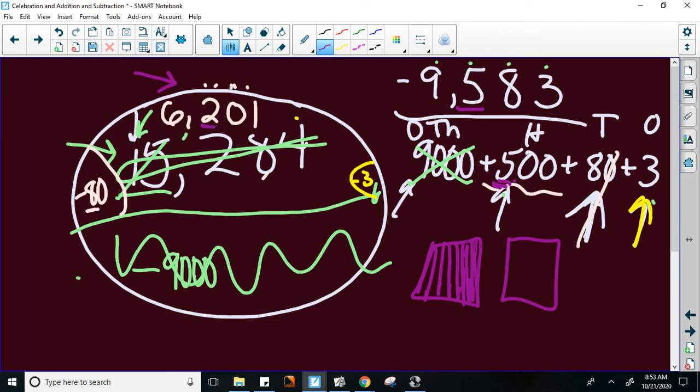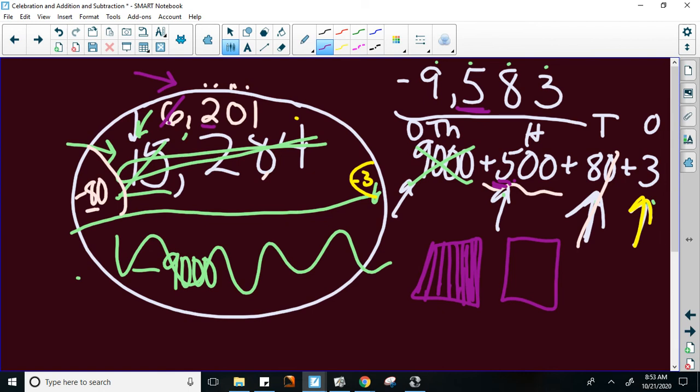So if I only have 2 groups of 100, I need more hundreds. Well, if there's more on the floor, more on the bottom, you've got to go next door and get 10 more. So I'm just going to borrow one group of 1,000.